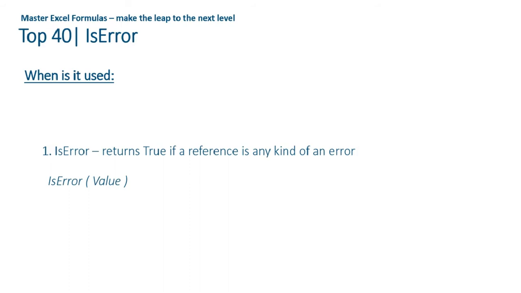We have another formula here, which is isError. isError is a formula that is quite similar to the isErr formula that we already discussed, but the difference between isErr and isError is that the isError formula will return true even if there is an NA error.